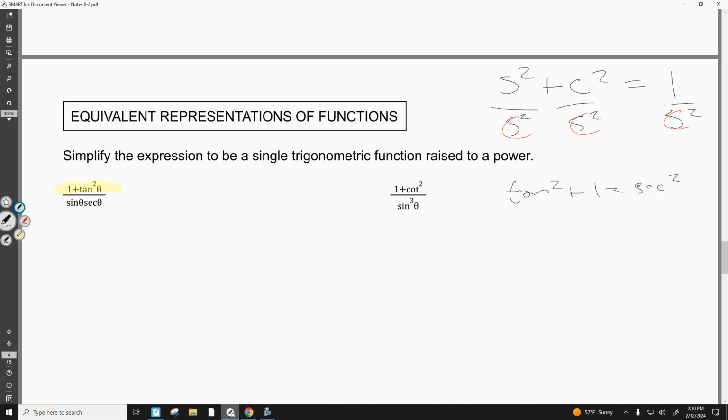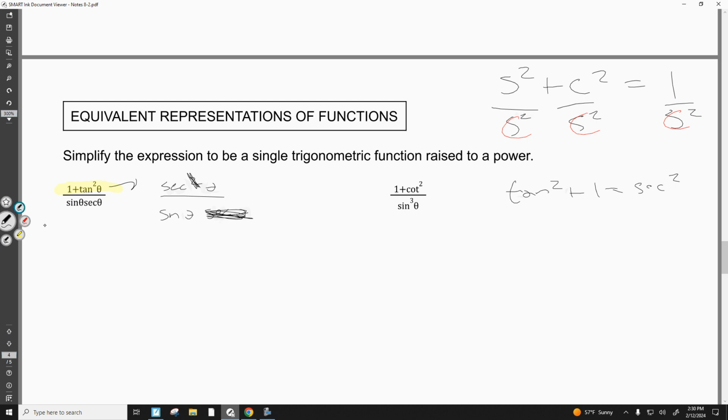That means 1 plus tangent squared is secant squared. I don't think this one works out, but whatever. If you have two secants being multiplied on the top and one on the bottom, one can be canceled.